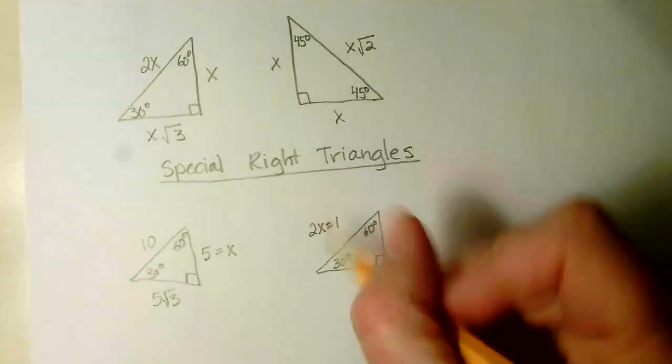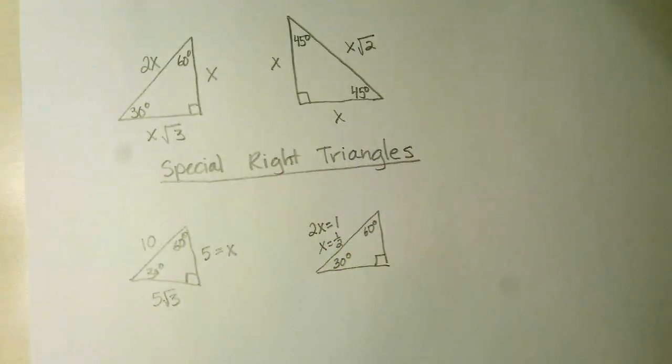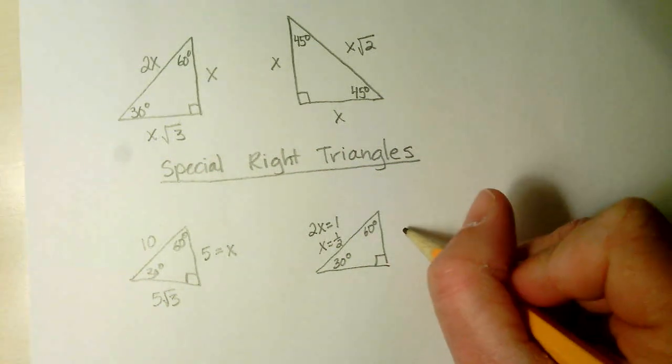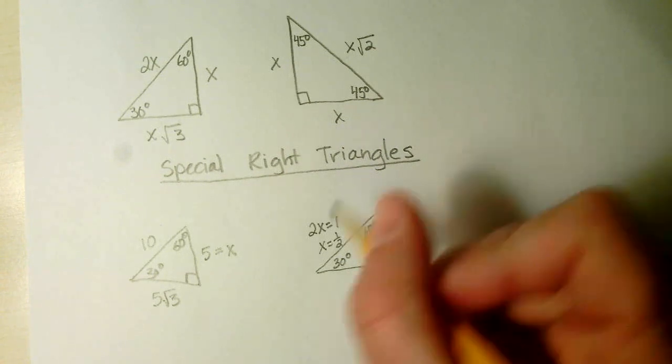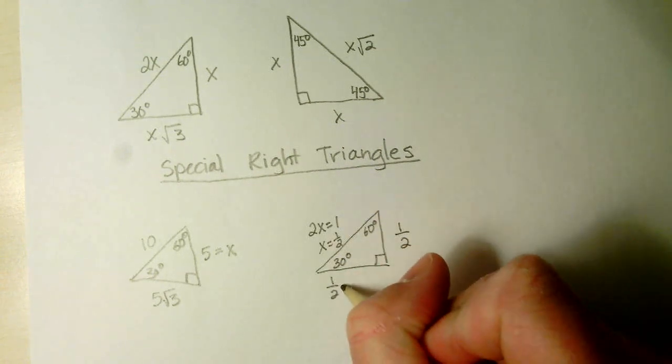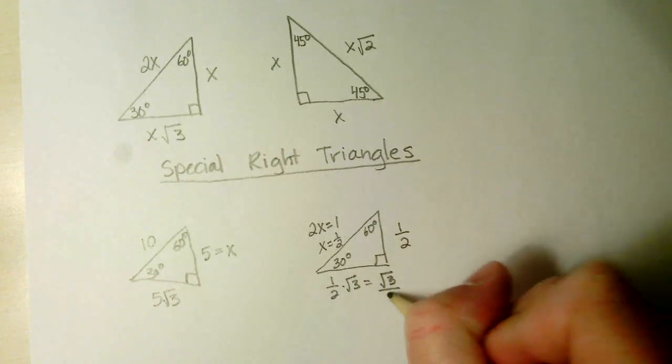Hopefully you can see pretty quickly that x would be 1/2. So this side is equal to x, which is 1/2. And this side is going to be equal to 1/2 times square root of 3, which we usually write as square root of 3 over 2.